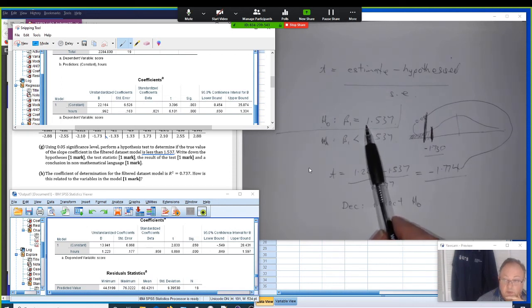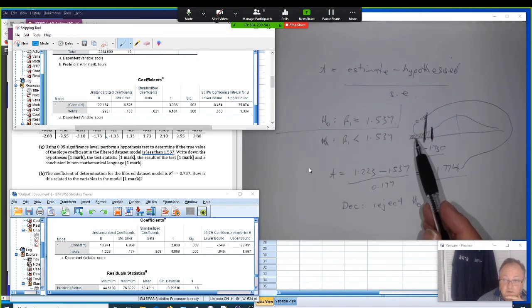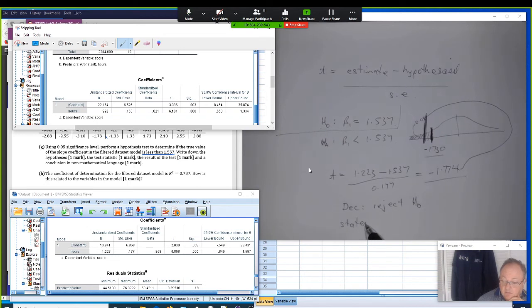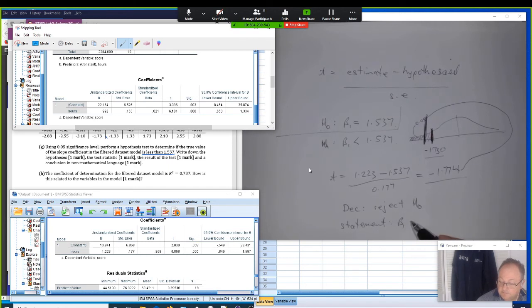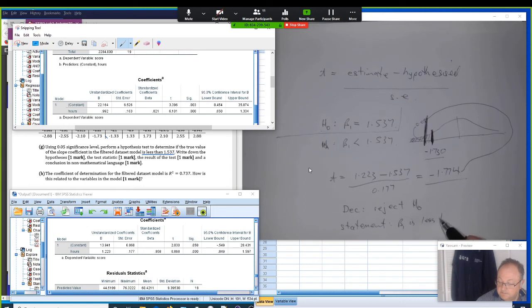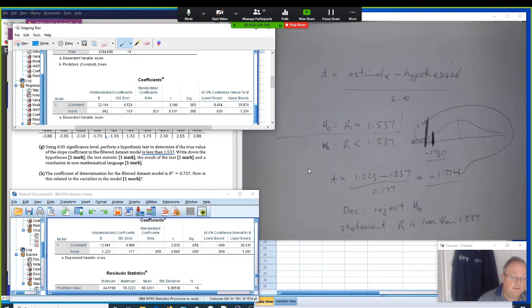Under 0.05 significance, our statement is going to be that beta 1 is statistically significant. Alright, you happy with that? So we've got full 4 to 6 marks for that particular one.